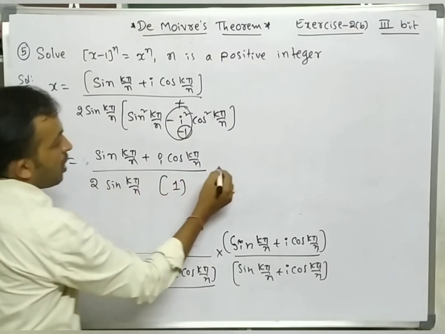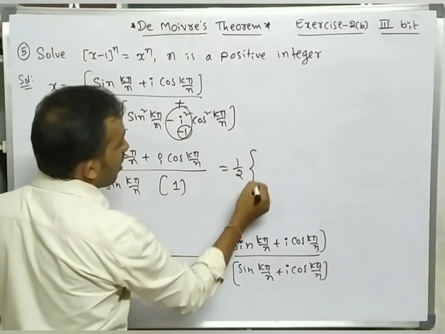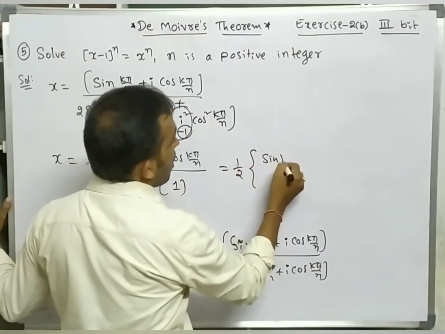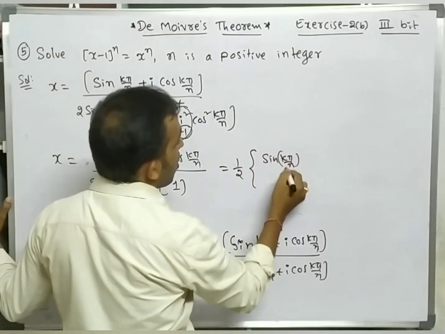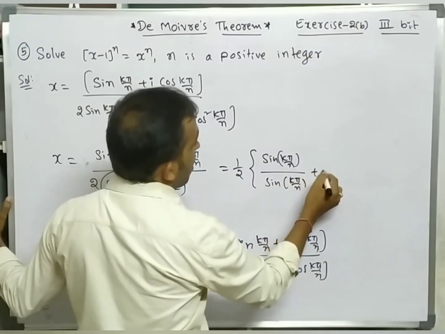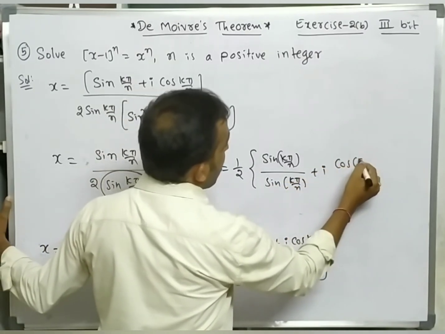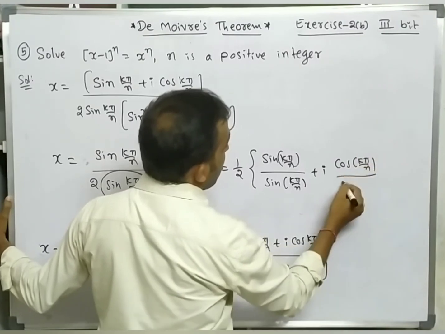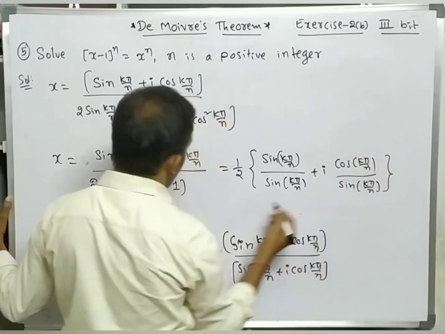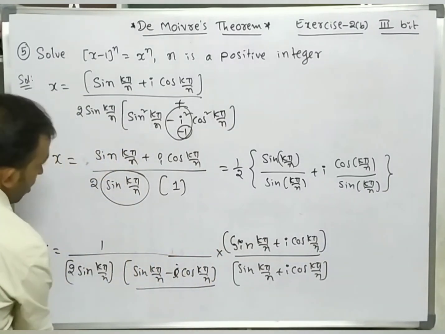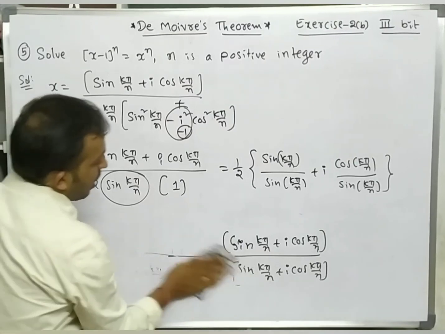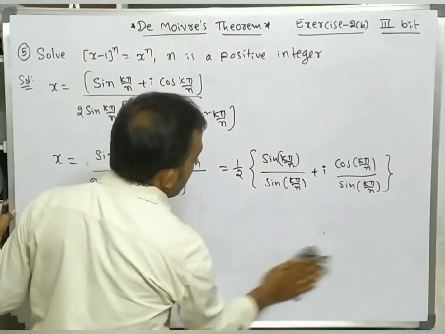Now write 1 by 2 outside and split it. Split it means sin k pi by n by sin k pi by n plus i into cos k pi by n by sin k pi by n. Divide the two terms by sin k pi by n, so we will get that term.